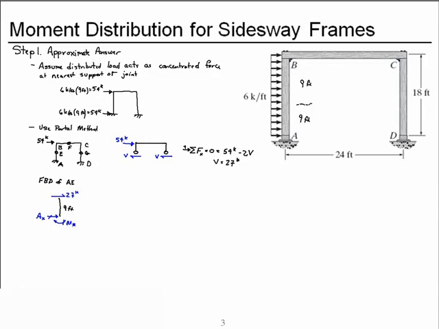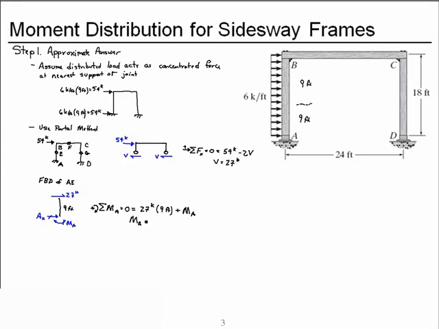The key is I want to find the moment reaction. So let's sum moments about point A. I'll choose clockwise as positive because that's the direction we draw our moments when we apply moment distribution. And so I get a positive contribution of the shear mid-height of the column through 9 feet plus the unknown moment at the end of the column MA.